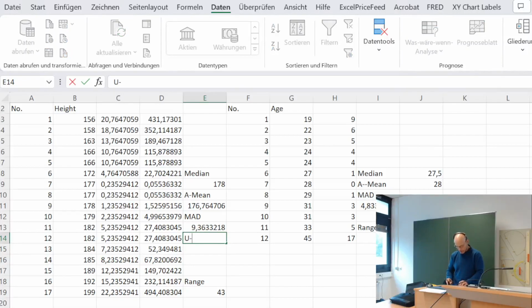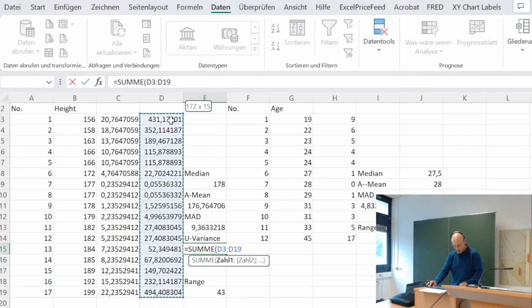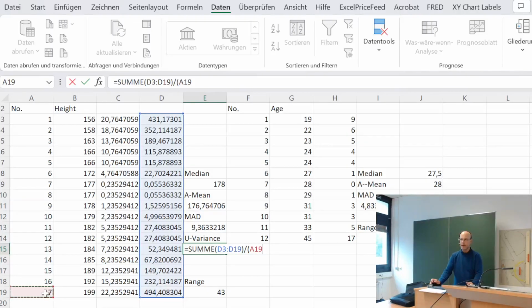So unbiased variance is then the sum of these numbers divided by, unbiased means, 17 minus 1, n minus 1.